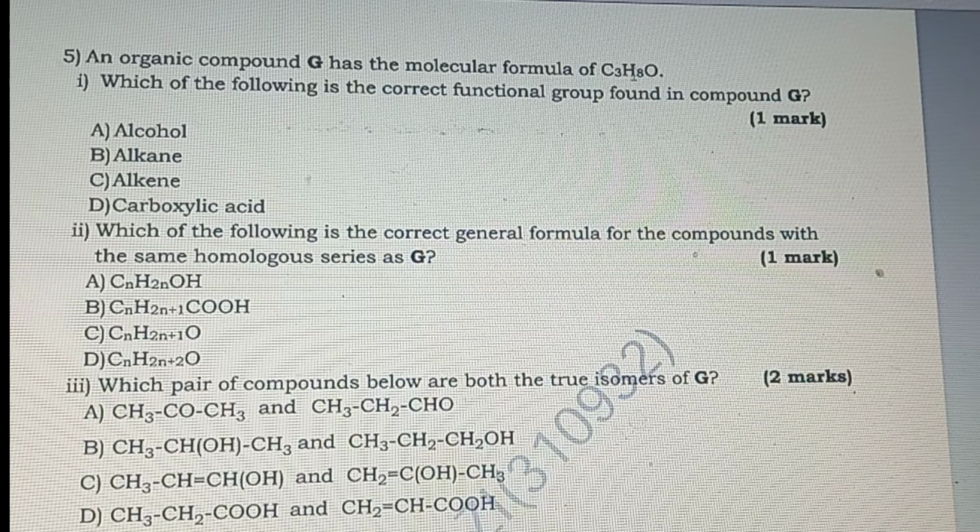According to G that has this molecular formula, this is the isomer. These two structural formulas are different, but they have the same molecular formula. C is not correct because it has a double bond. We have a double bond with alcohol. D is not correct because it has the functional group of carboxylic acid. It is not alcohol. The best option is B.